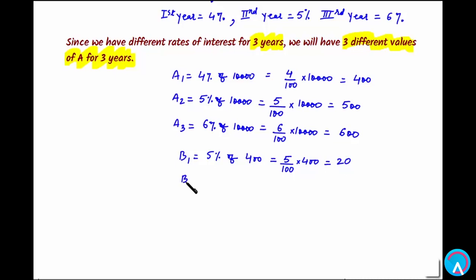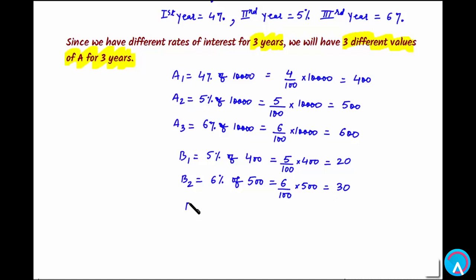B2 will be equal to 6% of A2, that will be 500. So this will be equal to 6 by 100 multiplied with 500 is equal to 30.